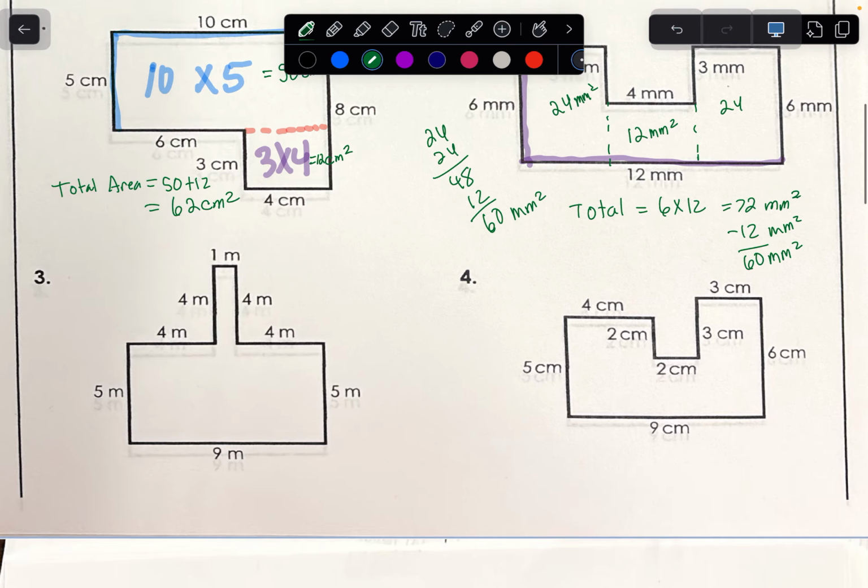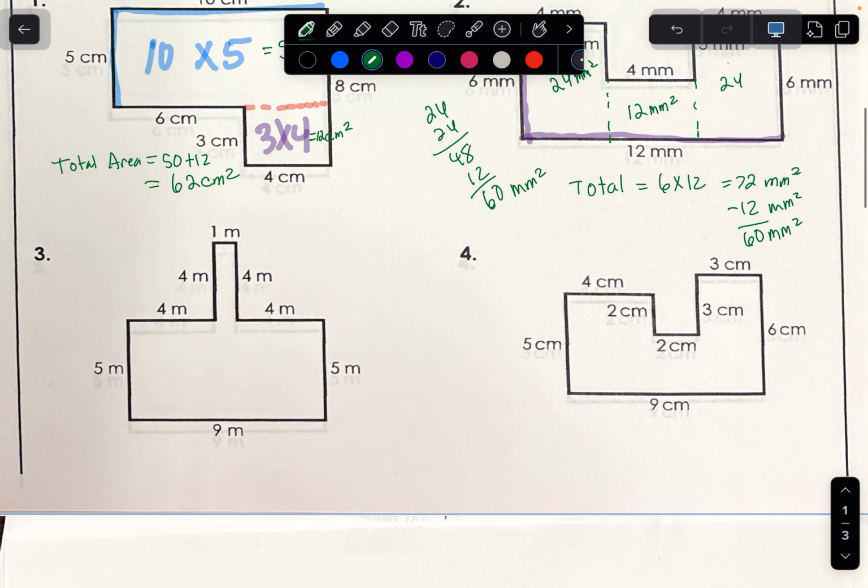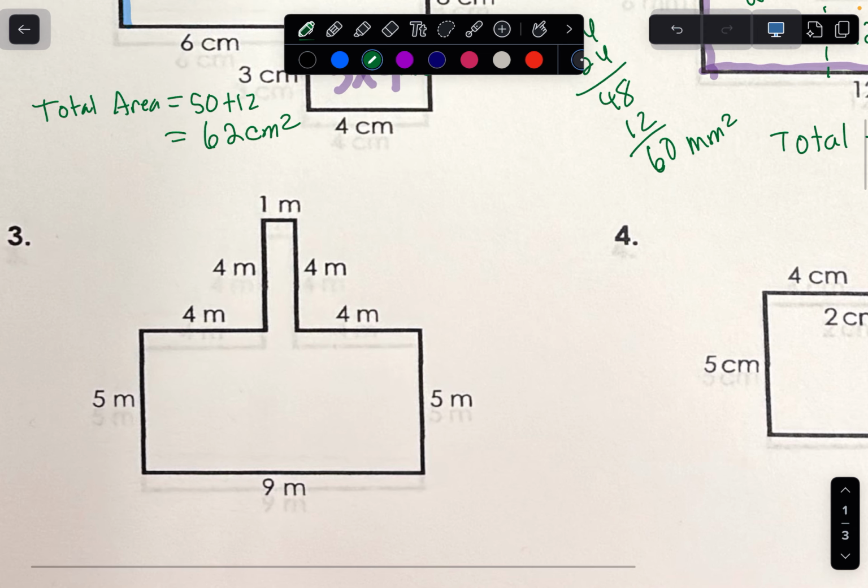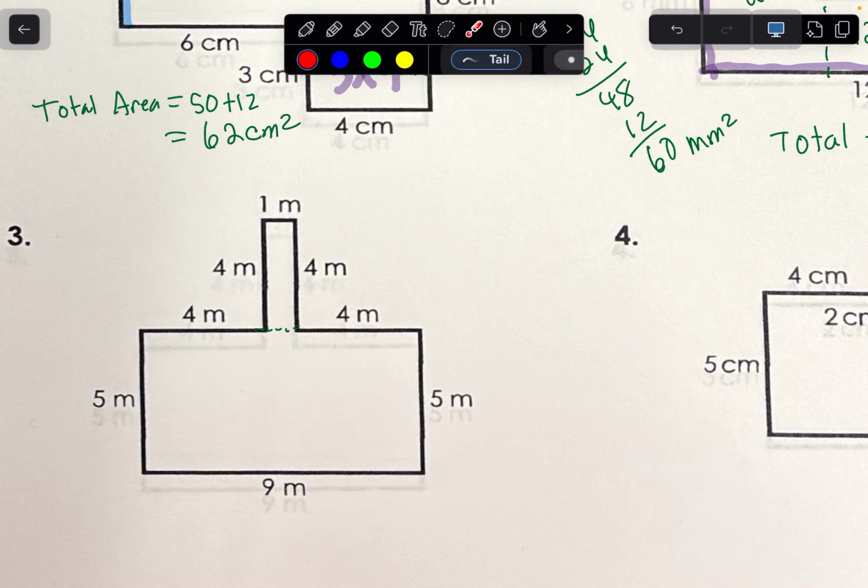Okay, let's do 3 and 4. For 3, when I just visualize this weird tower on the top, I just think, why not break it there? It's probably the most efficient way to do that one. Now, the bottom's pretty clearly marked 5 by 9.